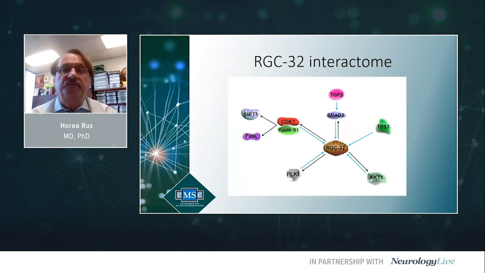To come up with more than one biomarker to study in MS patients, we looked for proteins which interact with RGC32, the so-called interactome. RGC32 interacts with CDK1, or AKT, and CDK1 is also called CDC2, and also affects the level of Fas ligand.